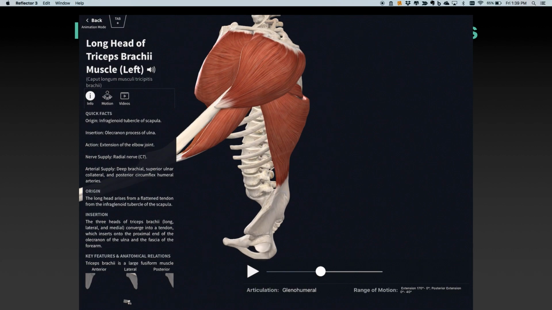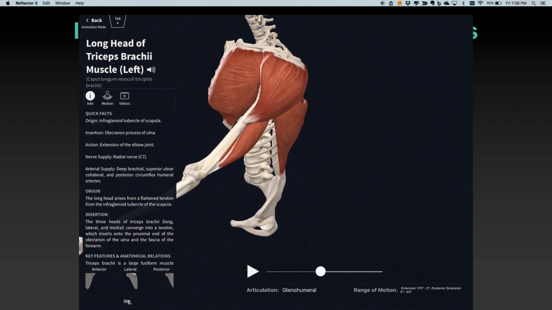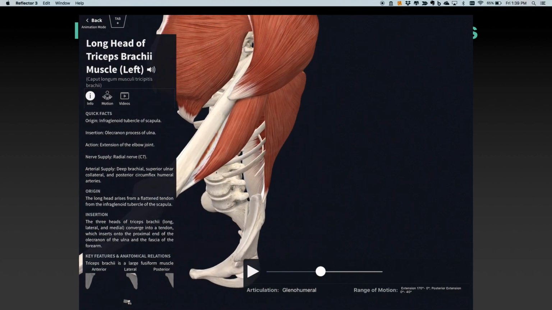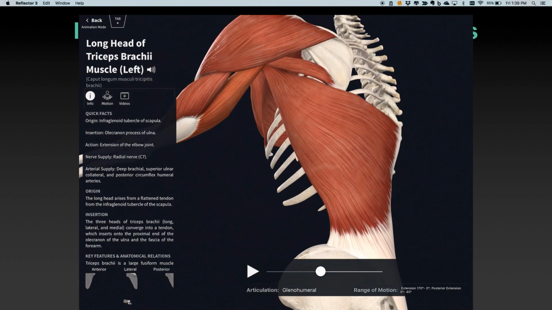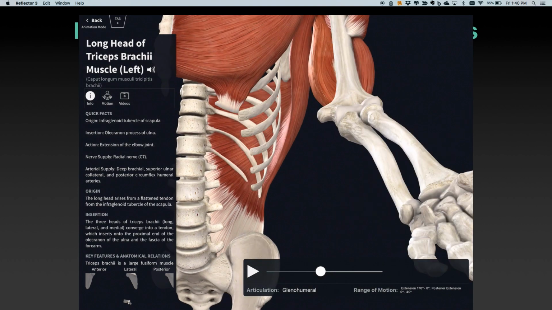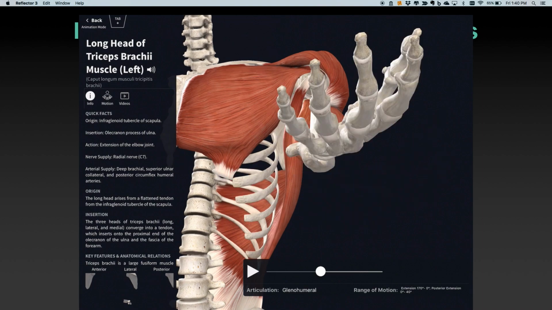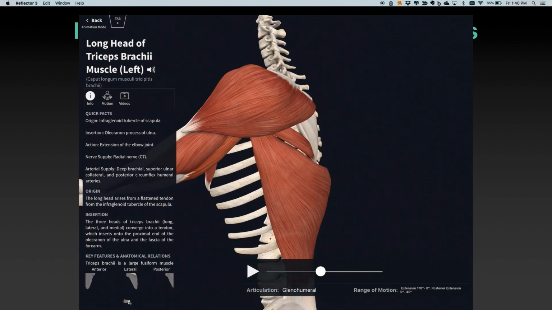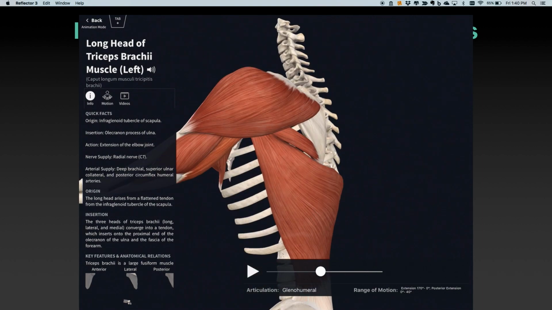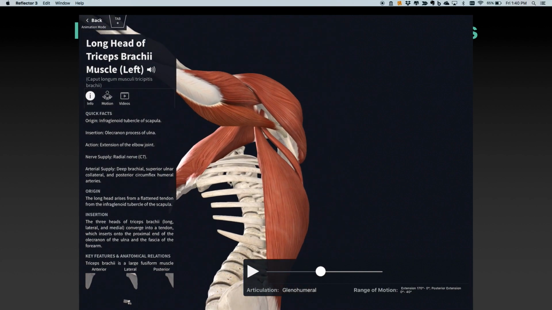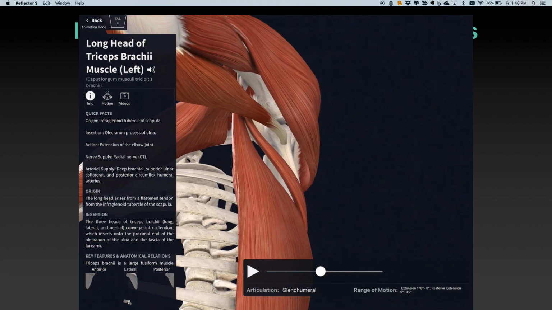This is also going to come in handy as we introduce muscles today. I want you to just take a minute and think about, can you see that very well? You can't see it too well. You can't see the connections in here very well.